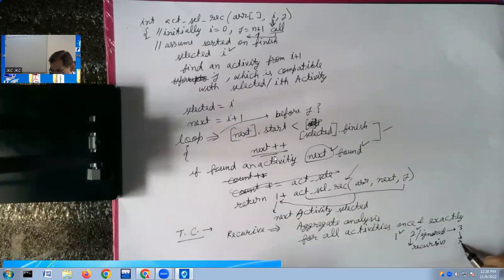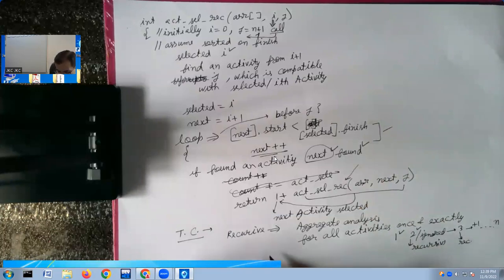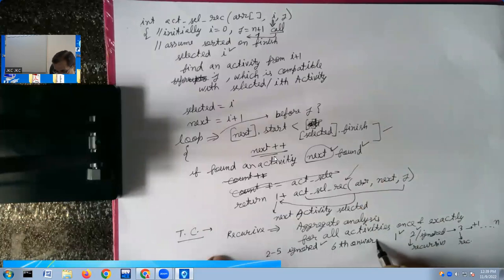Then you go to 3. Again, either recursive or +1. You go so and so up to n. You will go either recursive or this. But if you have, let's say, 2 to 5 activities ignored, so loop executed, ignored, 6th onwards the recursive call will come.